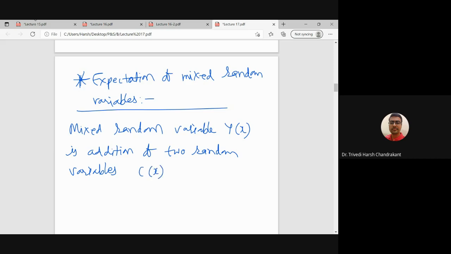So what is this? This is the CDF, cumulative distribution function, of the mixed random variable capital Y. It is an addition of two functions, that is Cx and Dx, where Cx is continuous.